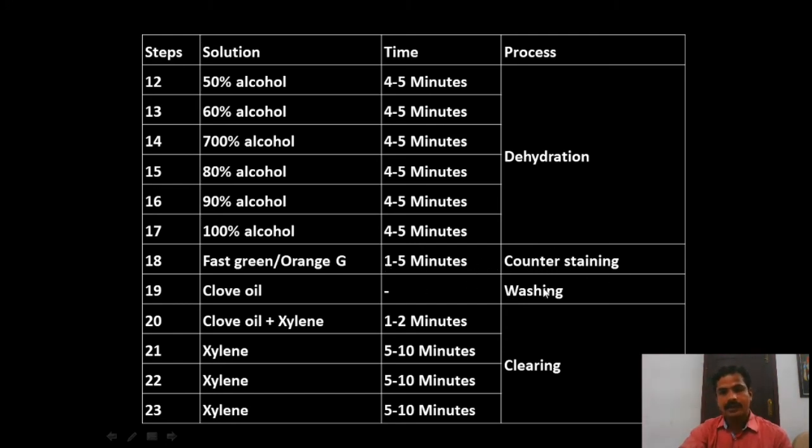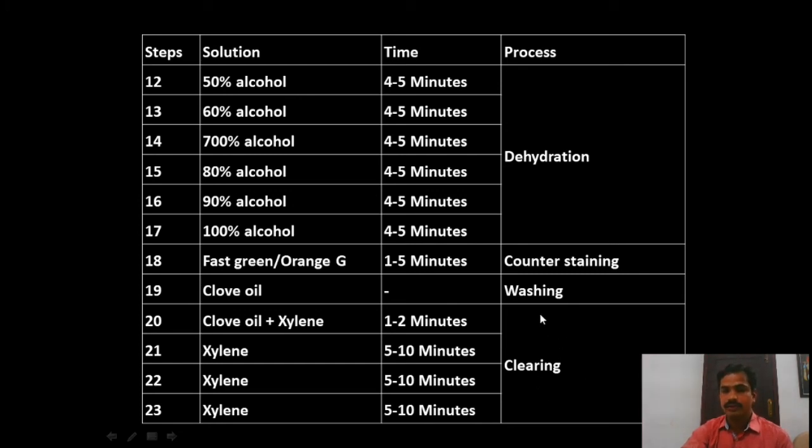Then after wash, the counter stained slide is washed using clove oil, then passed to a mixture containing clove oil and xylene, then pure xylene, 3 changes in pure xylene, and this is known as clearing.